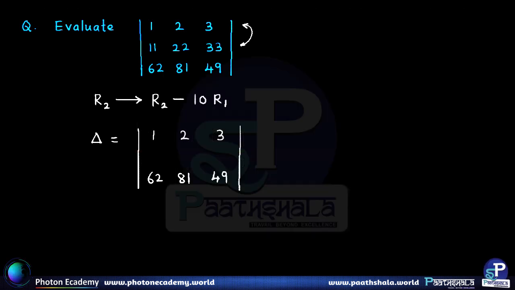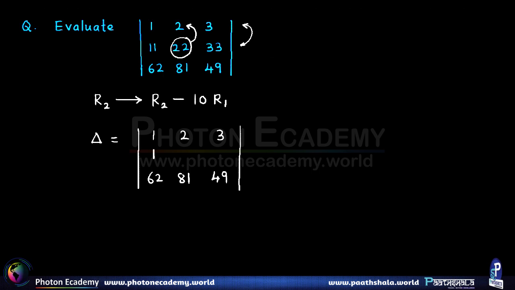Now from 11, if we subtract 10 times 1, that is 11 minus 10, we get the answer as 1 only. Similarly from 22, we subtract 10 times 2, that is 22 minus 20, which is 2. And similarly 33 minus 3 times 10, which is 33 minus 30, gives us 3.